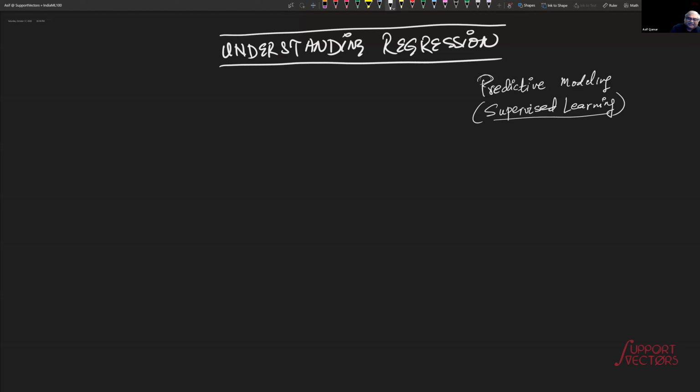So what was supervised learning? The basic idea is that this is a model, or a machine, or an algorithm. Input goes in.